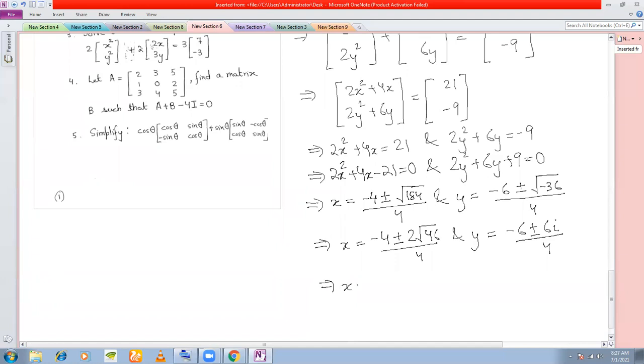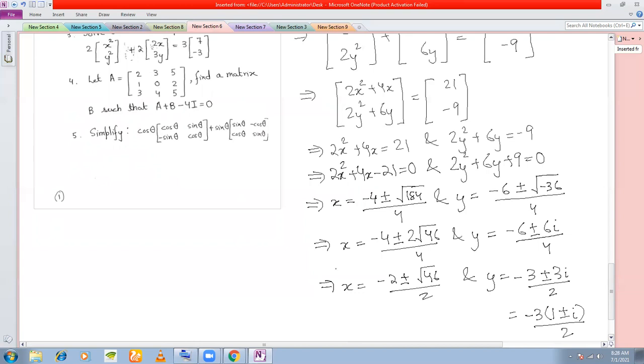That means x is equal to, cancelling the common factor 2 from numerator and denominator, (−2 ± √46) / 2, and y is equal to, again cancelling the common factor 2, (−3 ± 3i) / 2, which can also be written as −3(1 ± i) / 2. Fine, so that is your solution.